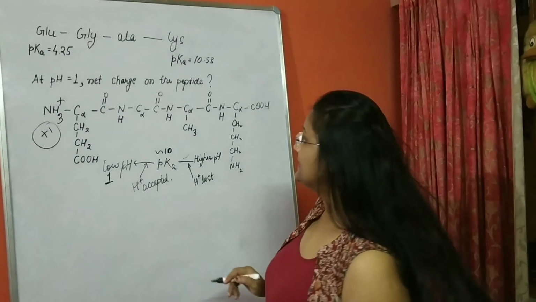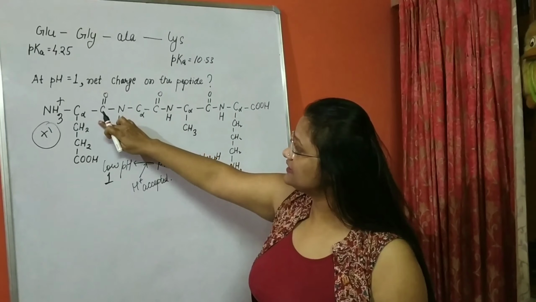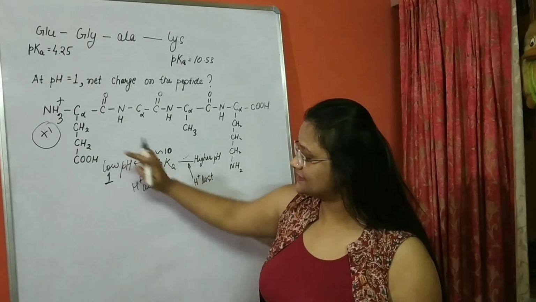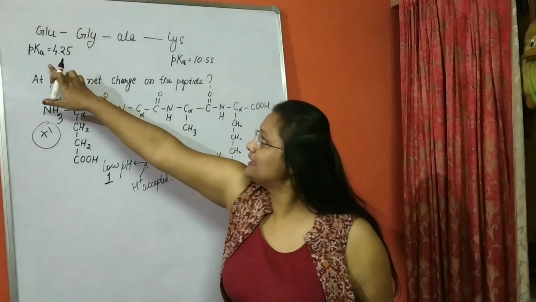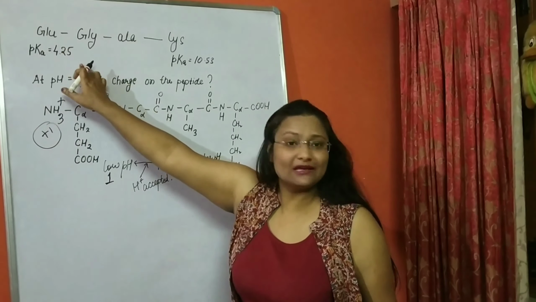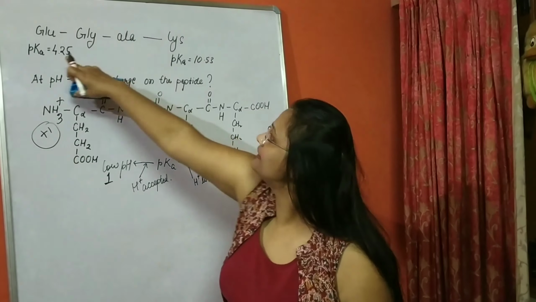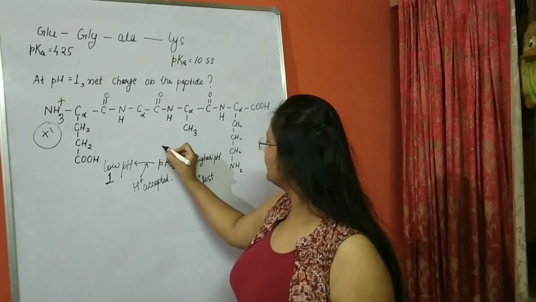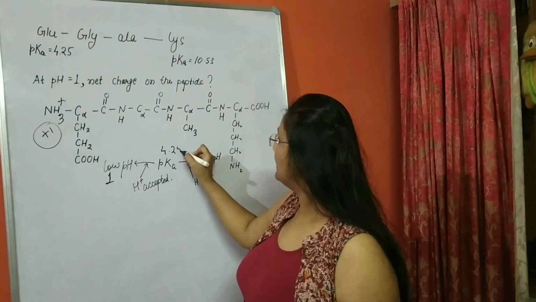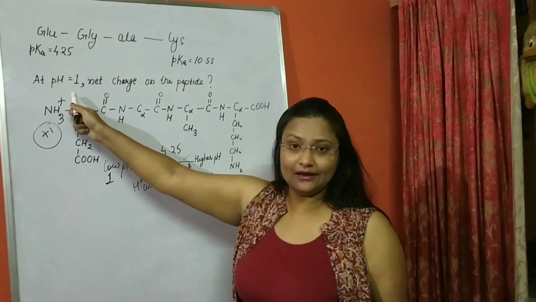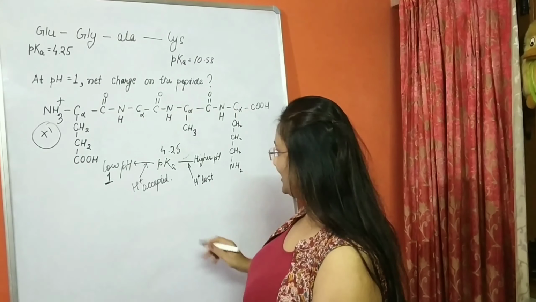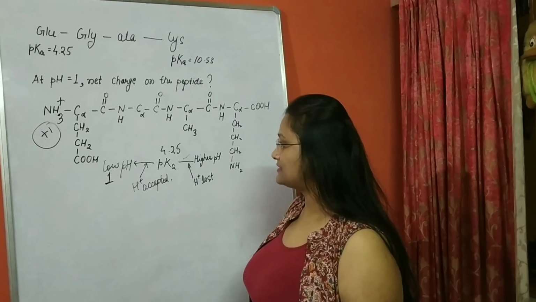Now we need to consider this side chain. We know the pKa of the side chain of glutamic acid is 4.25; I have written it over here. Again, this peptide is kept at pH equal to 1, which is lower.